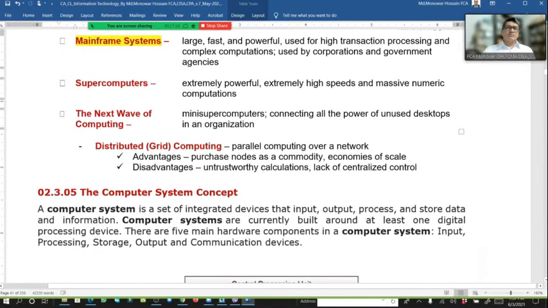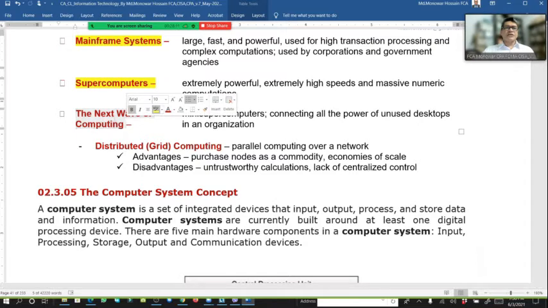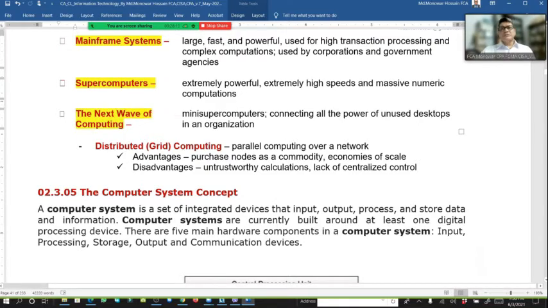A supercomputer is extremely powerful, extremely high speed, and massive for numeric computation. And the next wave of computing is what is going on at this moment: small size but huge power.